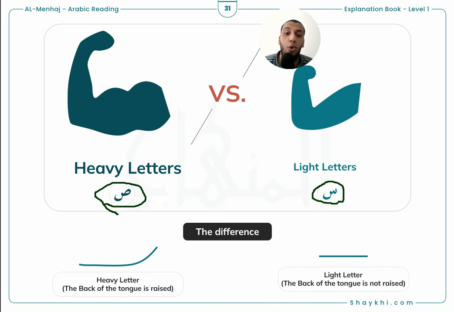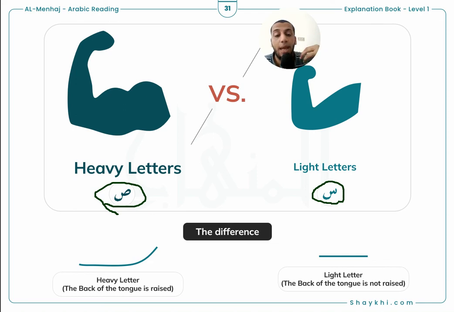A common mistake when we recite Surah Al-Fatiha, at the end of the surah: غير المغضوب عليهم ولا الضالين. You see, ولا الضالين. الضاد is heavy without making any change to the shape of the lips or the mouth. And here's a common mistake. Some students say ولا الضالين.